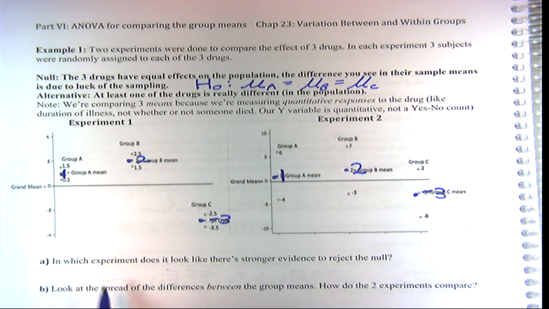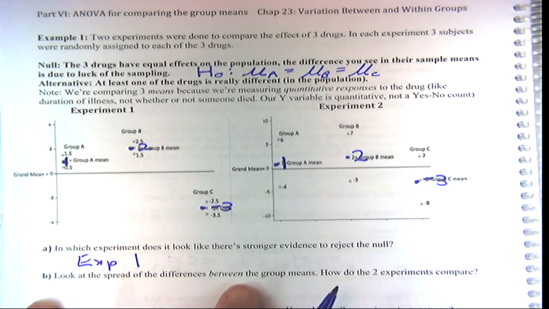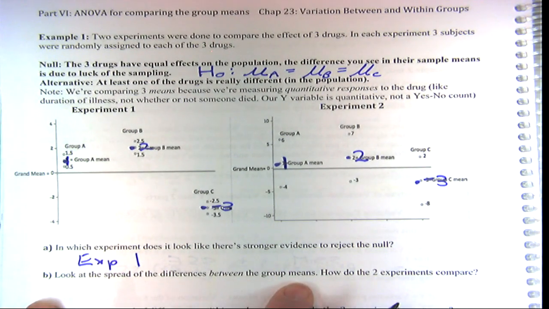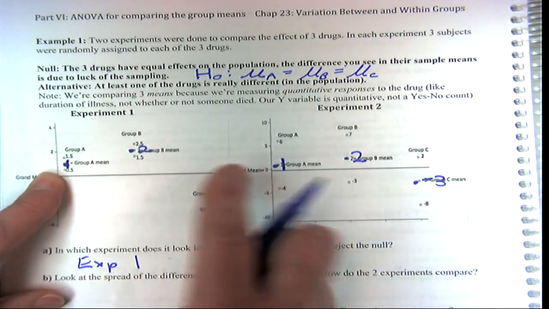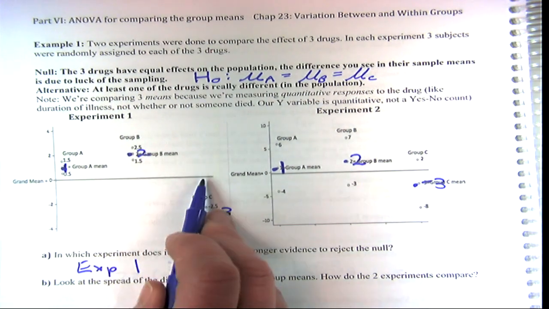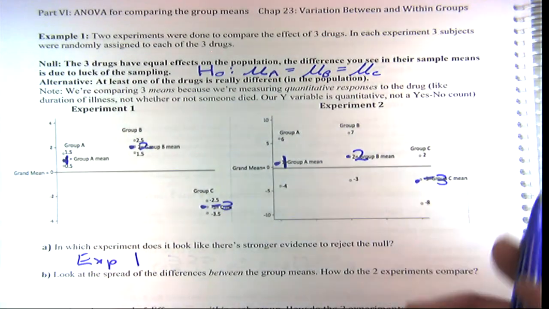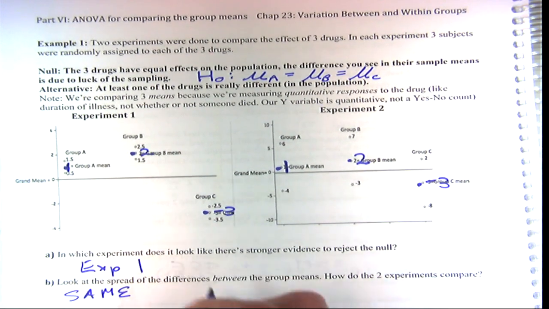Basically what this is, okay, so this is experiment 1. And look at the spread between the group means. How do the 2 experiments compare? Even though they're graphed differently, they have the same exact mean. So the spread between them means how far 1 is from the overall average, how far 2 is from the overall average. And they're the same because the means are the same. You're just looking at the means.